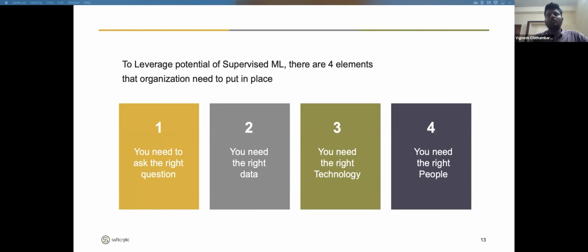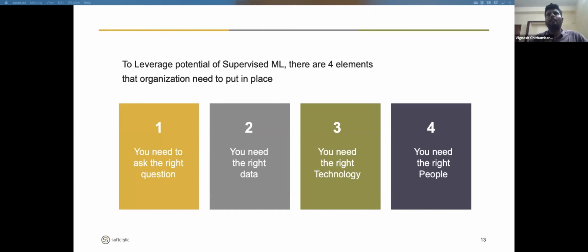So to leverage the potential of supervised ML, any digital agency or organization needs to have 4 elements put in place. First, you need to have the right questions, like what metrics you are going to forecast or what potential behavior of a customer you are going to predict.